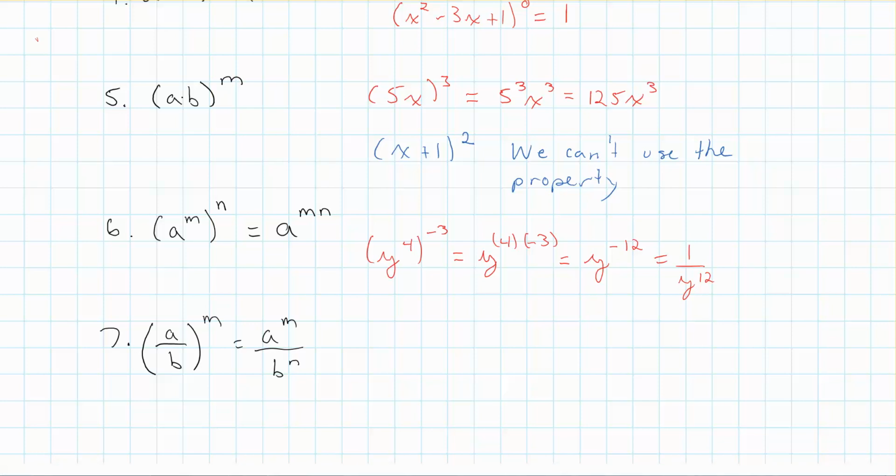So let's look at an example. Let's say we have (x over 3) squared. This would be x squared over 3 squared, which would of course be x squared over 9. And just like all these problems, it's okay to skip this one little intermediate step.